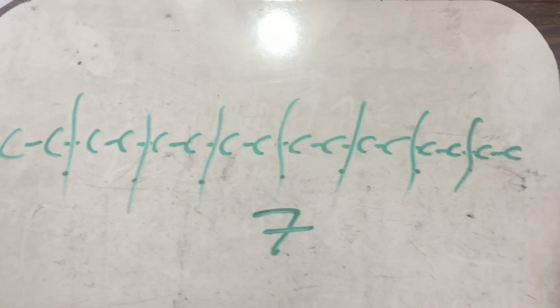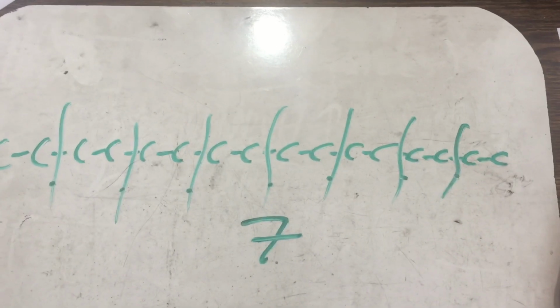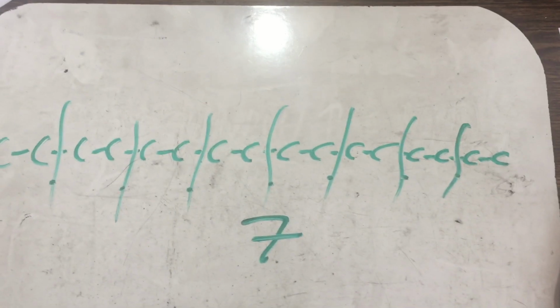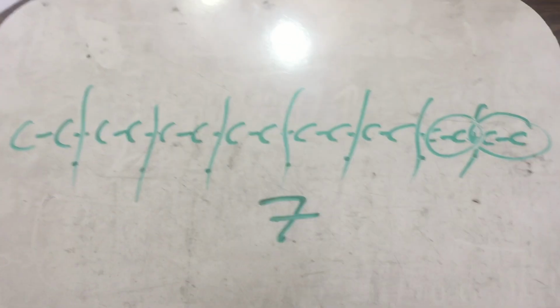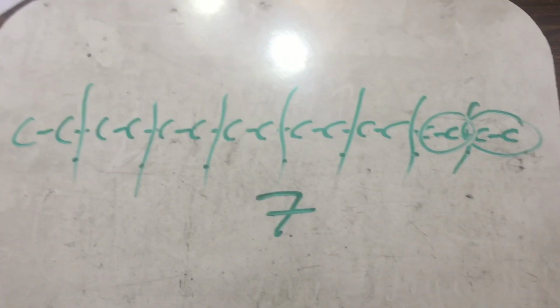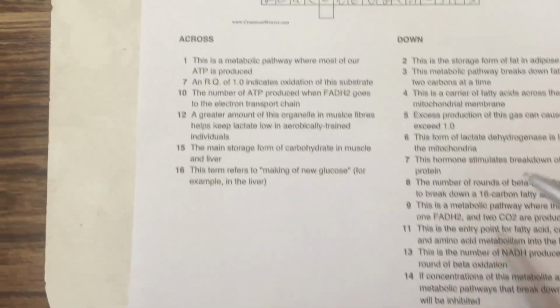So that's 7 rounds of beta oxidation to break up that 16 carbon fatty acid. Then each of these 2 carbons will go into the Krebs cycle as acetyl-CoA. So your answer there, 8 down, is 7.